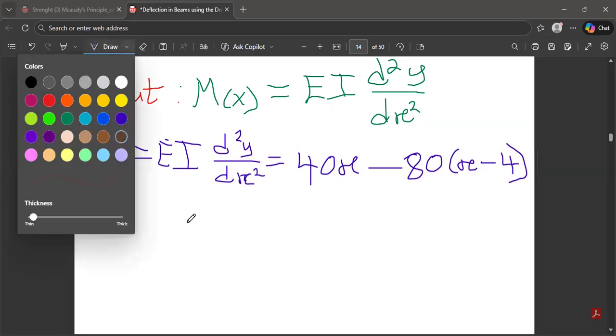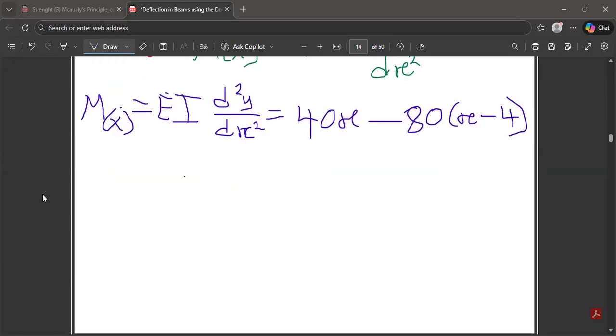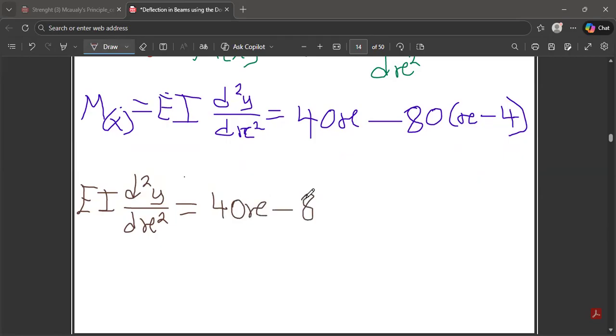So let's rewrite this to obtain our equation 1. Finally, we can say that EI of the second derivative of the flexural member is equal to 40x minus 80 times x minus 4.